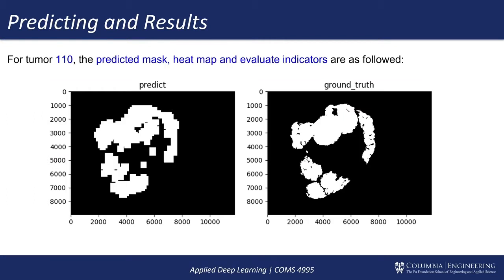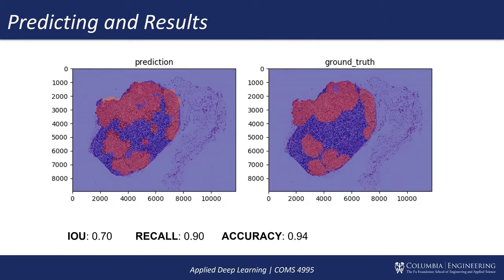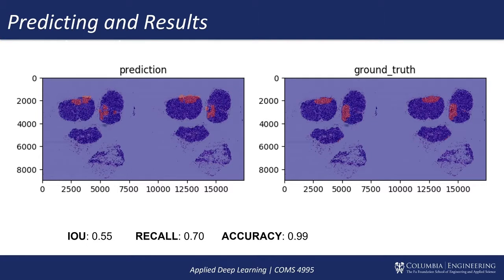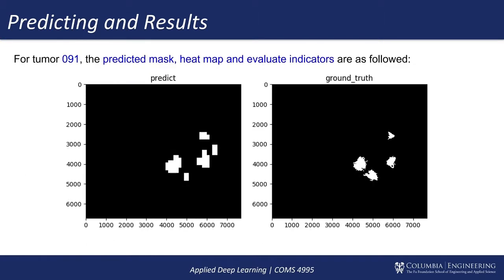For tumor 110, the predict mask, heat map, and the evaluation indicators are as follows. These are the results we got on image 101. And these are the results we got on image 91.